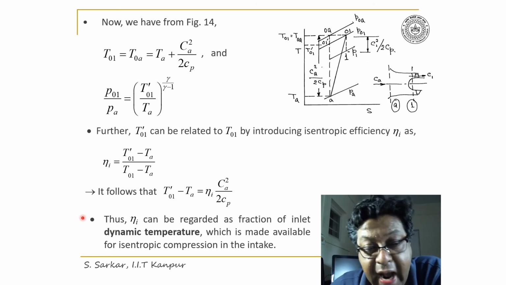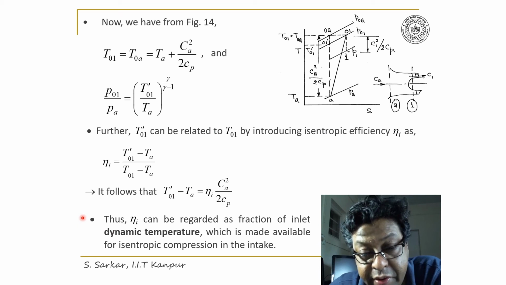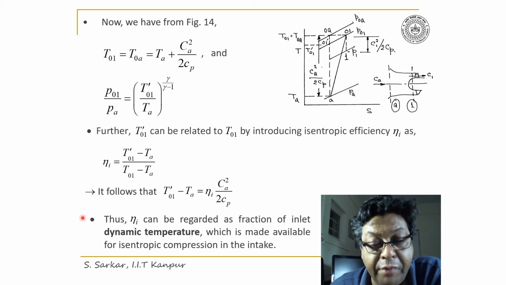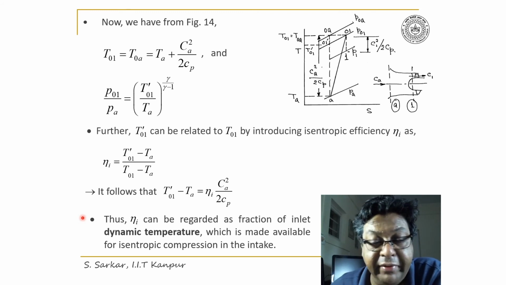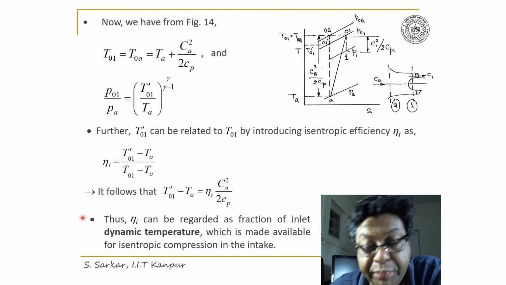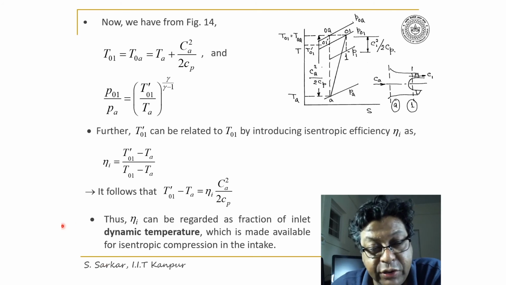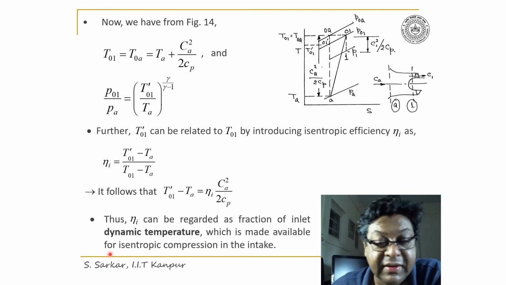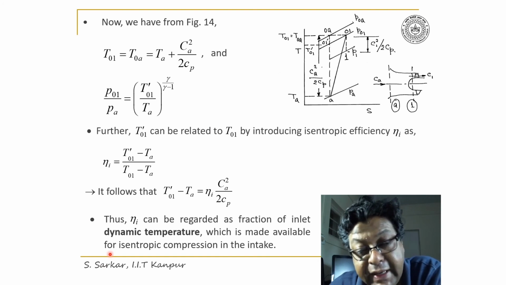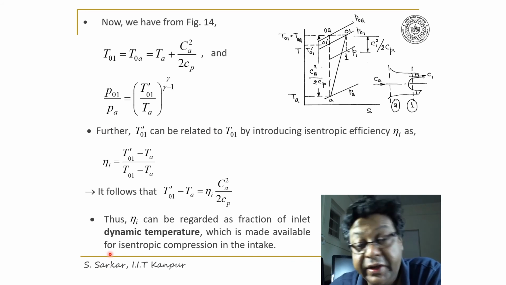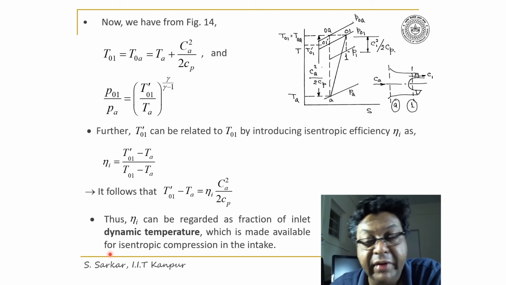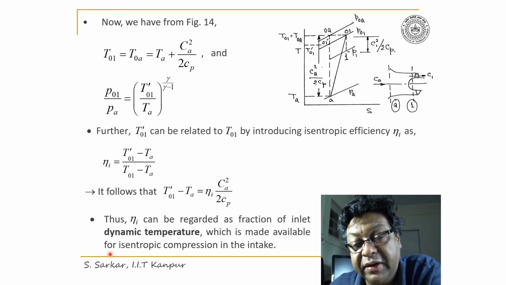Thus, eta I can be regarded as a fraction of inlet dynamic temperature, which is made available for isentropic compression in the intake.